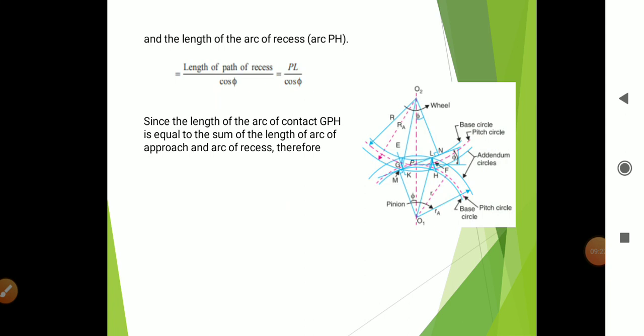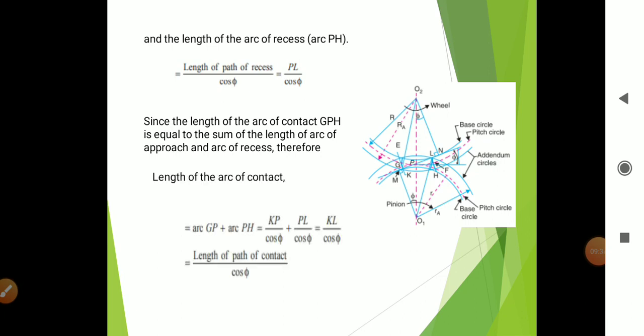Since the length of arc of contact GPH is equal to the sum of the length of arc of approach and arc of recess, the length of arc of contact is equal to arc GP plus arc PH. Arc GP we already found: KP divided by cos of phi. Plus arc PH, that is PL divided by cos of phi.